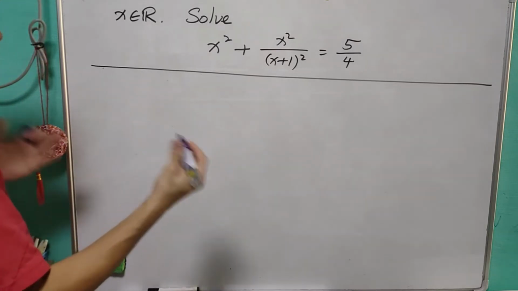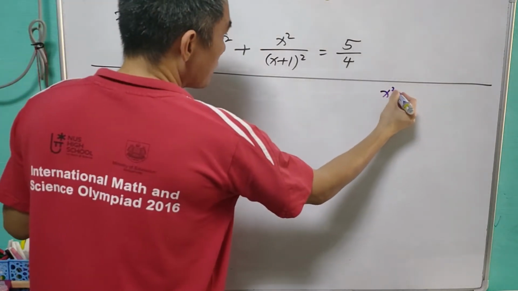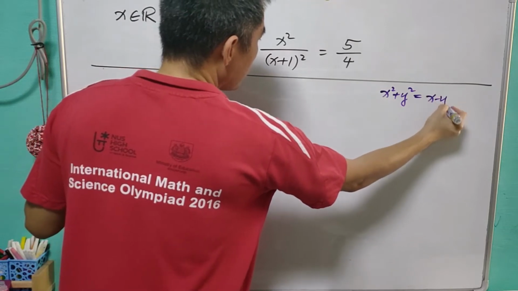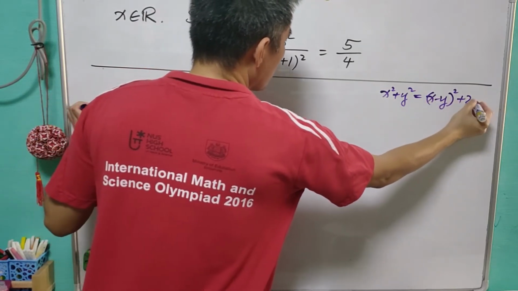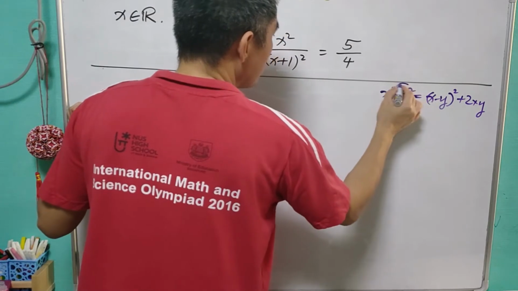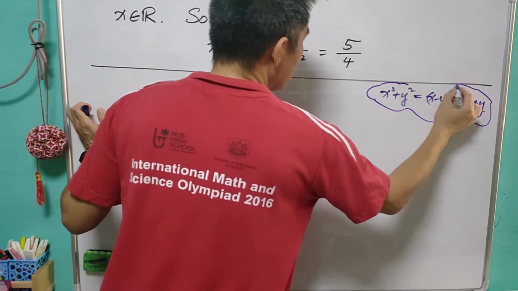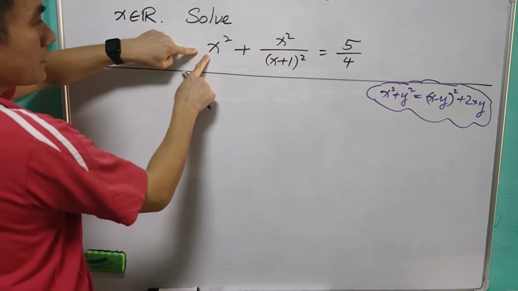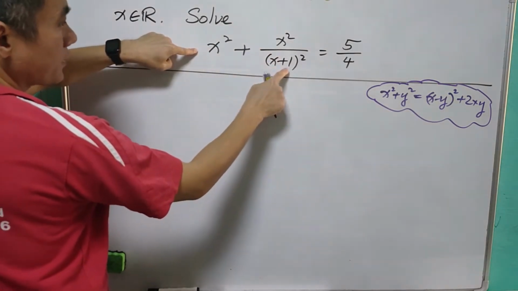First of all, we recall that x squared plus y squared can be written as (x minus y) squared plus 2xy, and we are going to use this result in this question. So for this, x is x and y is x over x plus 1.